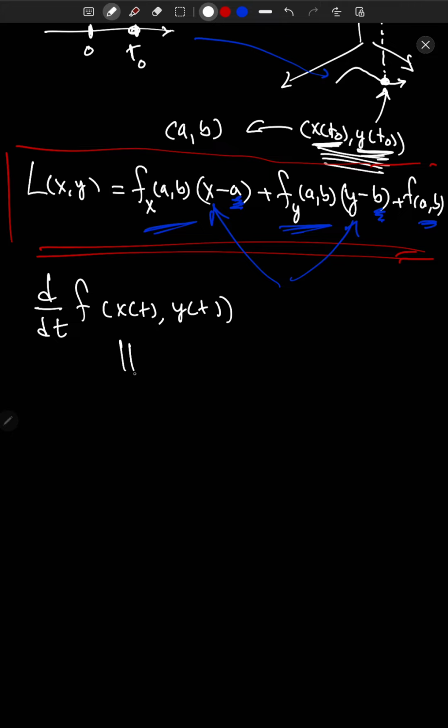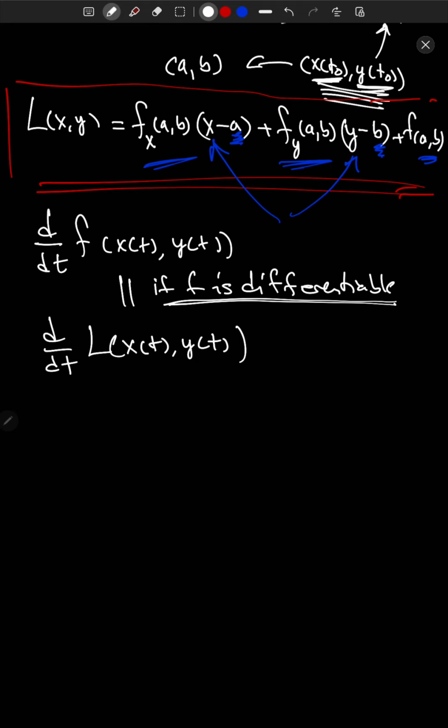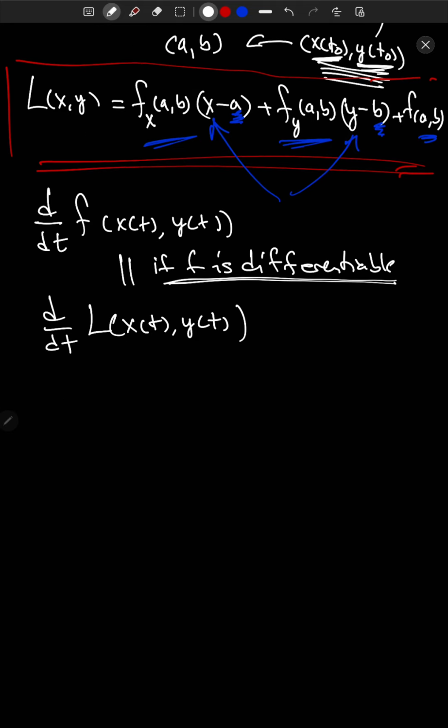That's going to be equal to d/dt of L of x of t, y of t, if f is differentiable, which we're going to assume for our class. Non-differentiable functions are really unpleasant to work with.